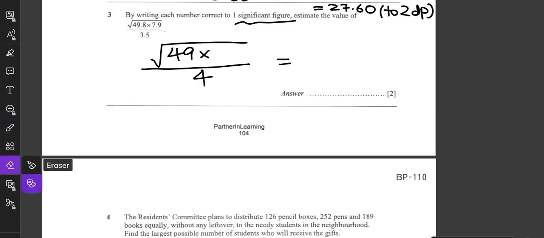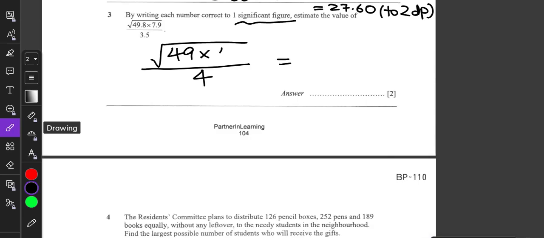Sorry, this should be 8. And 49.8, you can write it as 4. Sorry, not 49, my bad. What am I doing?